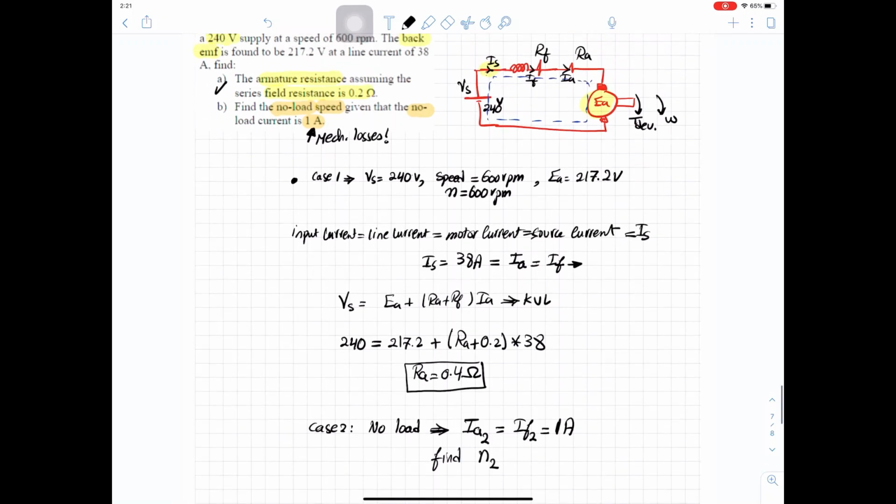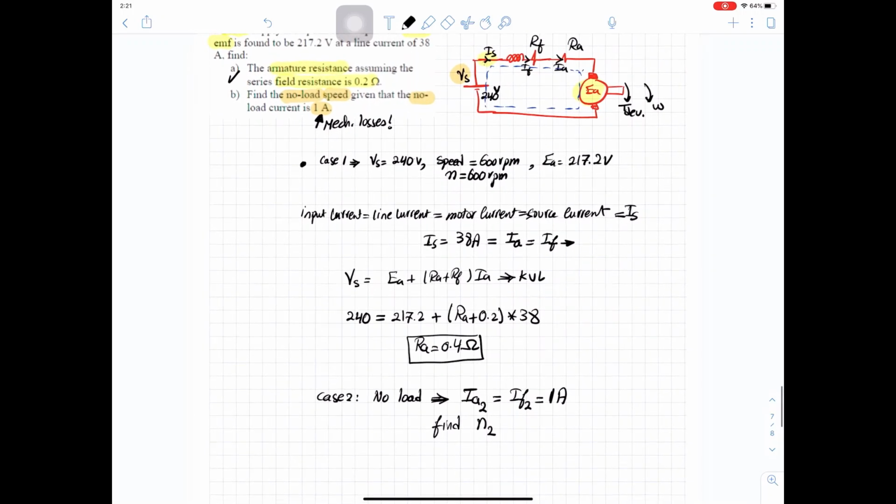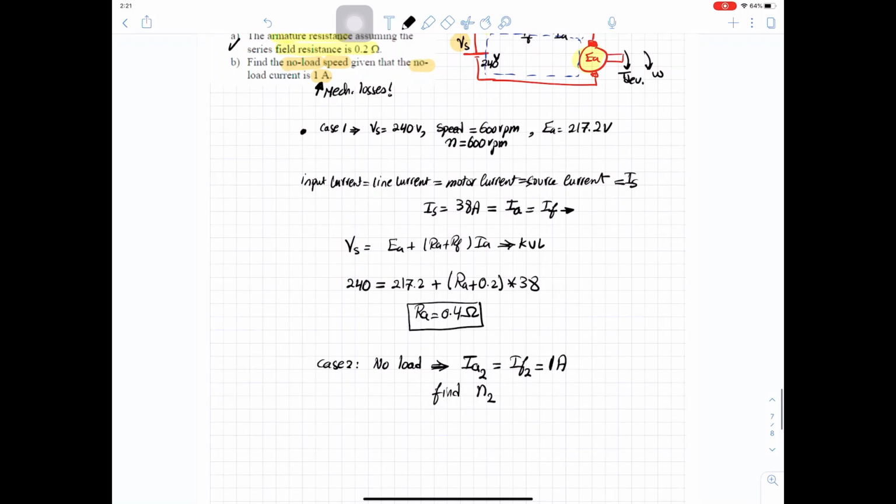What we need to find at case 2, at no load, is the speed N2. Now, is there any statement here about the source voltage? Have they changed anything about the source voltage? No, the source voltage will be constant unless it is stated in the problem that it is changed. So let's see how we can deal with this case.